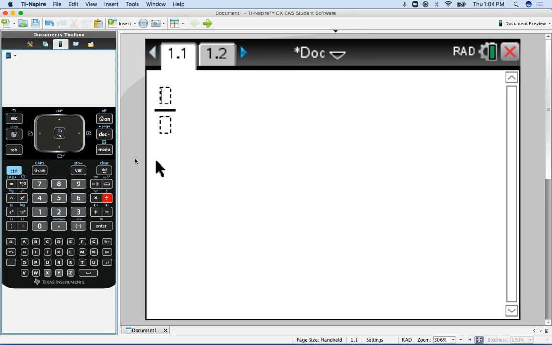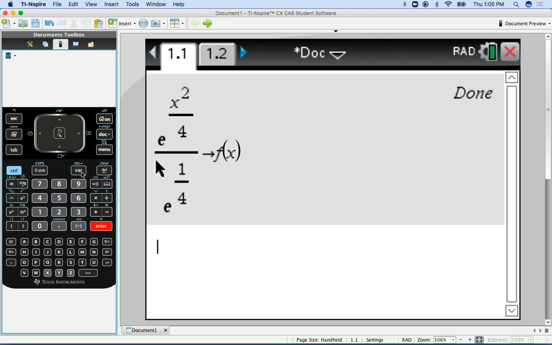I'm going to store this function as e to the power of x squared over 4, over e to the power of 1/4. And I'm going to store this as my particular solution that I found, as f of x. So now if I want to find what is f of 1.2, there it is.